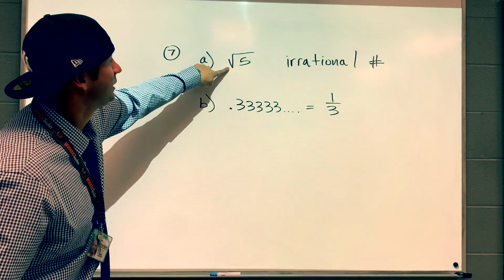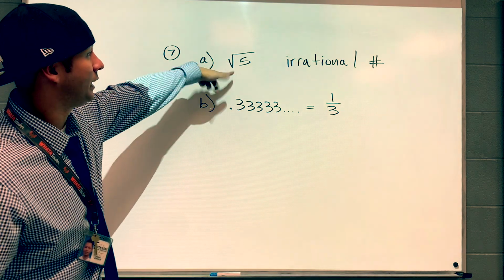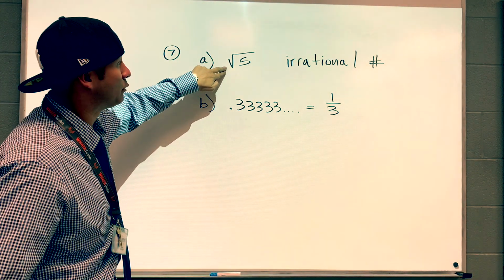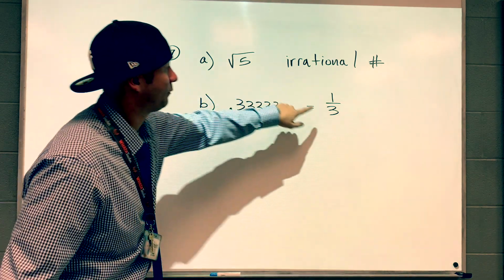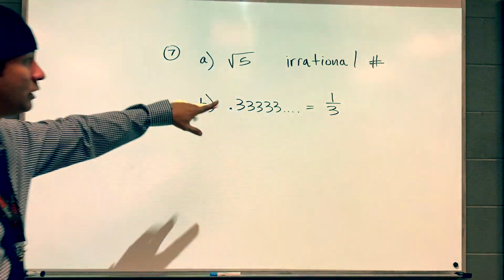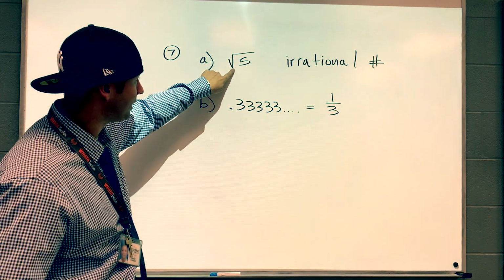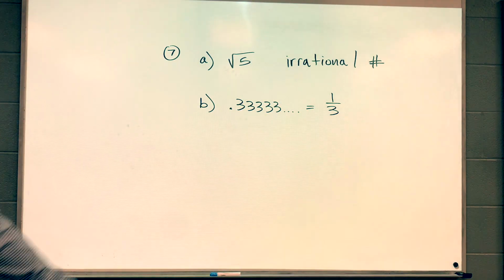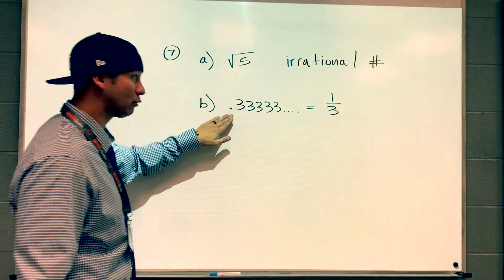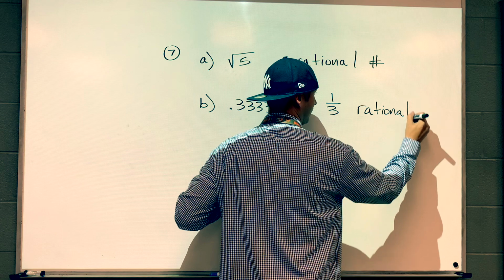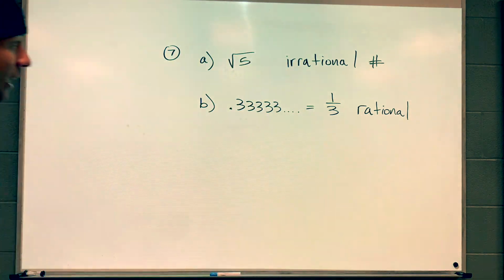Whatever this decimal is, like this root 5, it cannot be written as a fraction. No matter what two numbers I pick, I can't make a fraction that will equate to that. It's not possible. That's why this is irrational. This is rational.